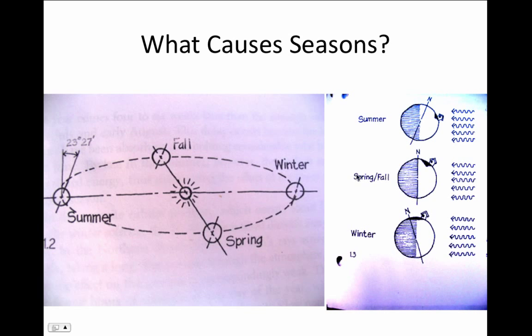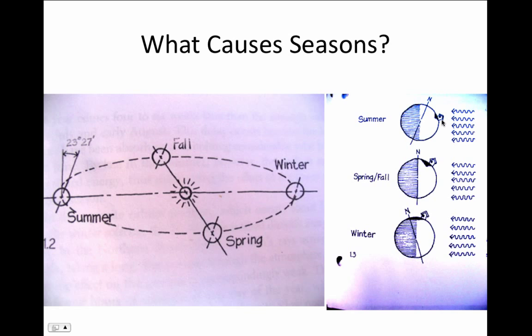So here's what happens. We have the Earth tilted on its axis, and if this is the equator, that's at about 45 degrees, maybe roughly where we are on the Earth, a little further north. We're about 40 degrees from the equator, and the Earth is tilted at an angle of 23 degrees, with the sun's rays coming in parallel.